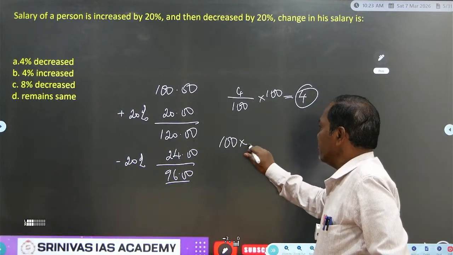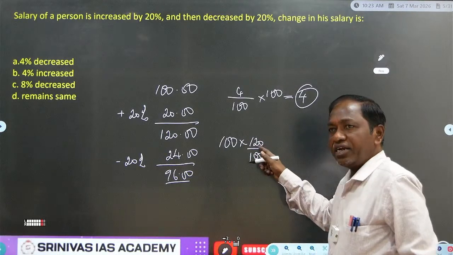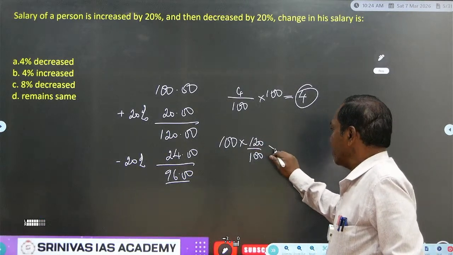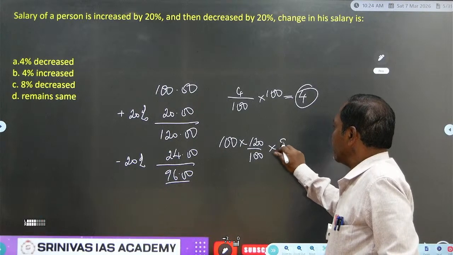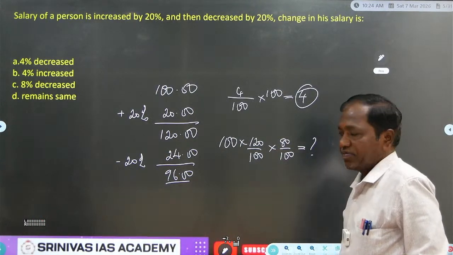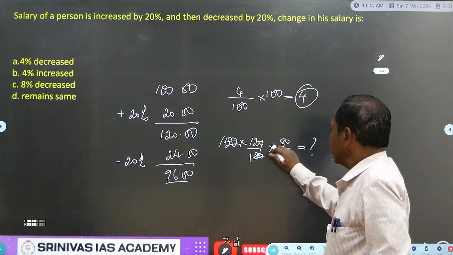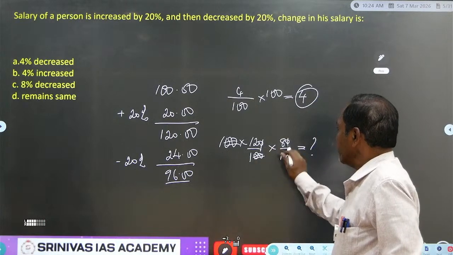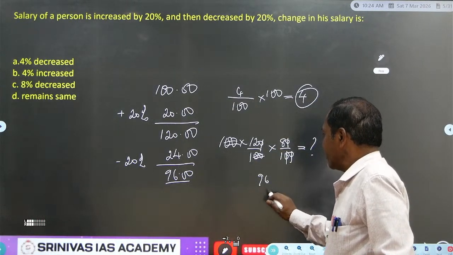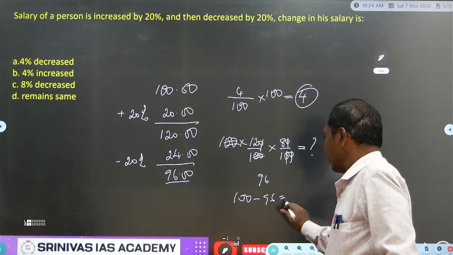100 into 120%. More than 100, definitely added something, into 80%. Now, what is the net? See that these 2 zeros get cancelled, this 0 gets cancelled, 12 into 8, 96. So 100 minus 96 is 4 loss.